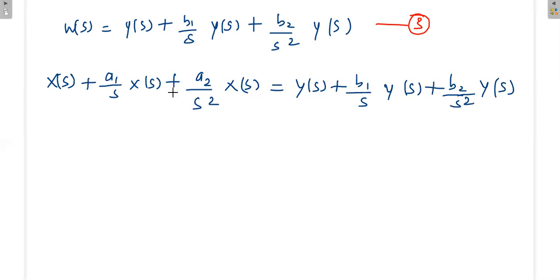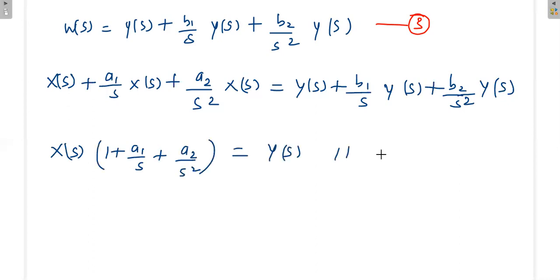Again, take the X(s) outside. If you take X(s) outside, you will be getting 1 plus a1 by s plus a2 by s square. Then if you take Y(s) outside, 1 plus b1 by s plus b2 by s square.